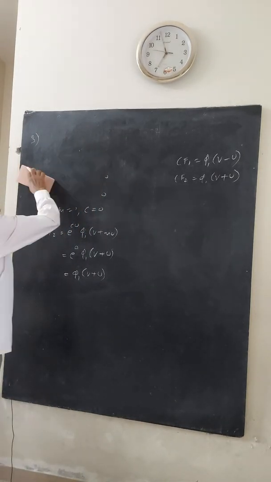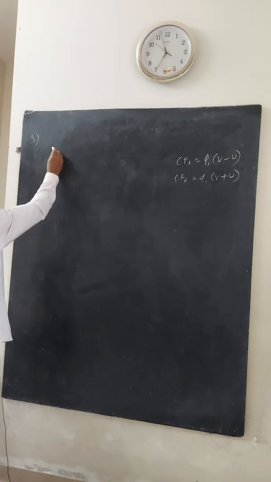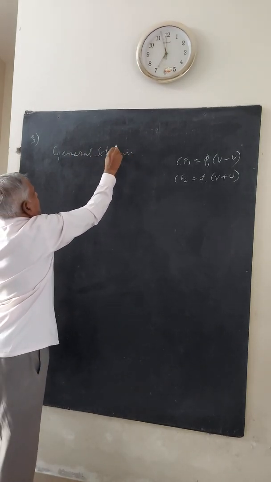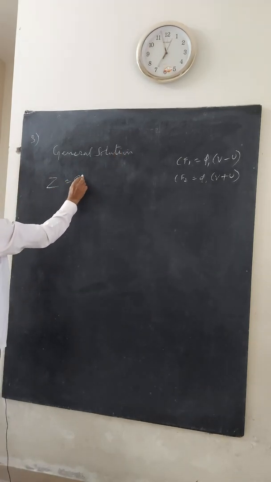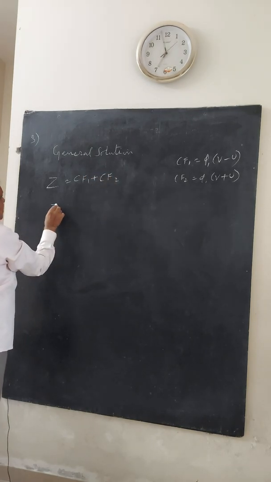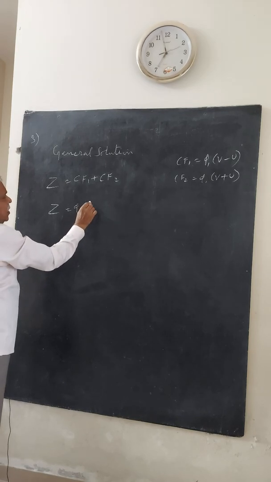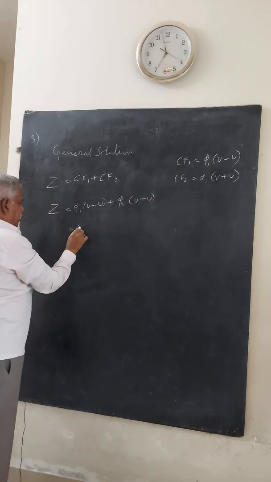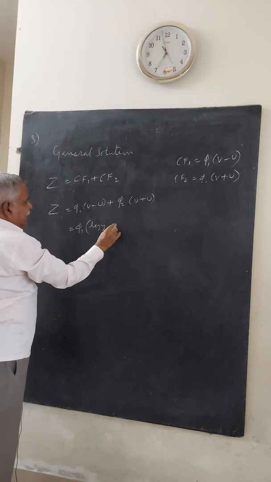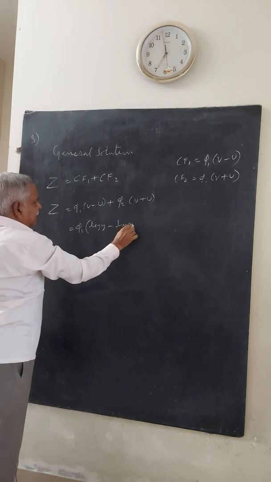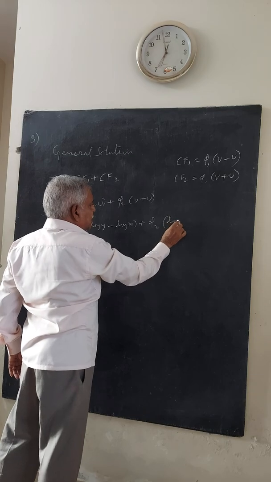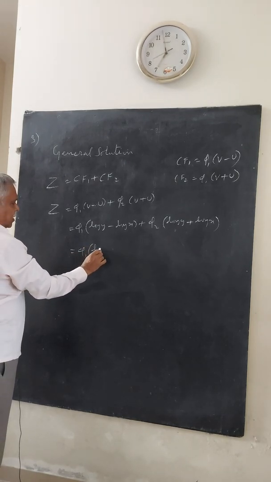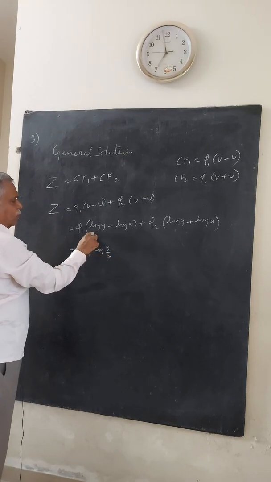Again, we are going to write the general solution. General solution z = CF1 + CF2 = φ1(v − u) + φ2(v + u). v is log y, u is log x, so φ1(log y − log x) + φ2(log y + log x), that is φ1(log(y/x)) + φ2(log y + log x).